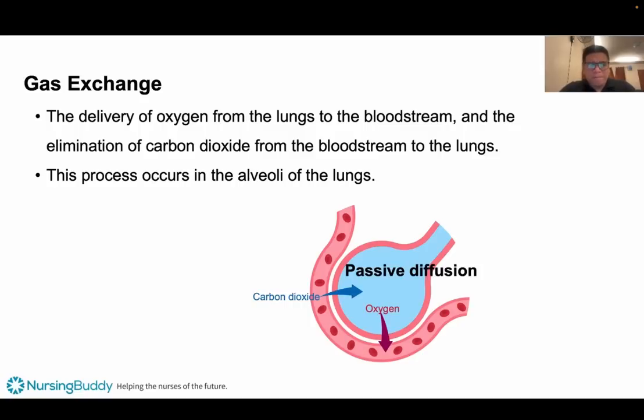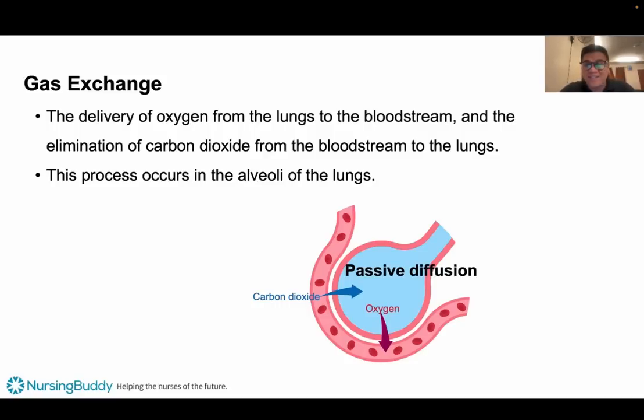So papasok po yung oxygen sa katawan natin because it's the gas that we need, and lalabas naman po yung carbon dioxide from the bloodstream to the lungs. And in a specific part of the lung, a structure which we call the alveoli, a passive diffusion occurs, and that's what we call gas exchange.